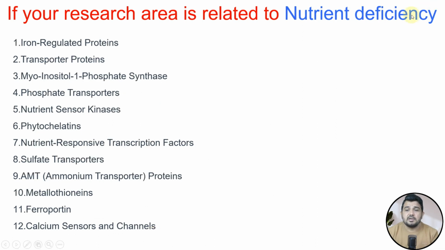If your work is related to nutrient deficiency, you can work on iron regulated proteins, transporter proteins, myoinositol 1-phosphate synthase, phosphate transporters, nutrient sensor kinases, phytochelatins, nutrient responsive transcription factors, sulfate transporters, ammonium transporters, metallothioneins, ferroportin, and calcium sensors and channels.